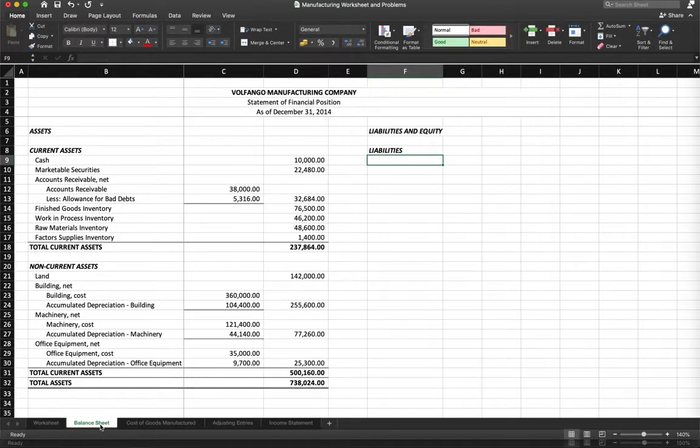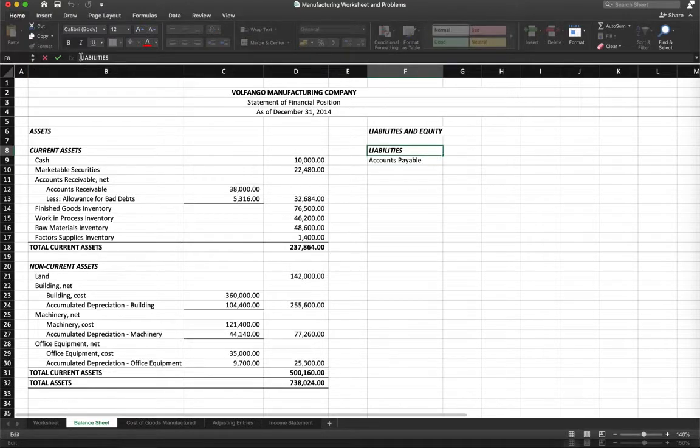Okay. Nalagay na lang din natin current liabilities. Accounts payable. Then, wages or salaries payable.